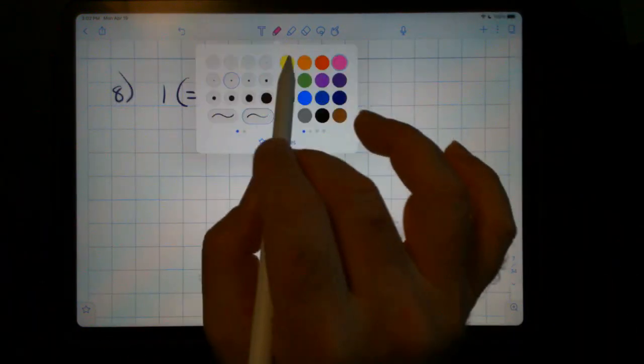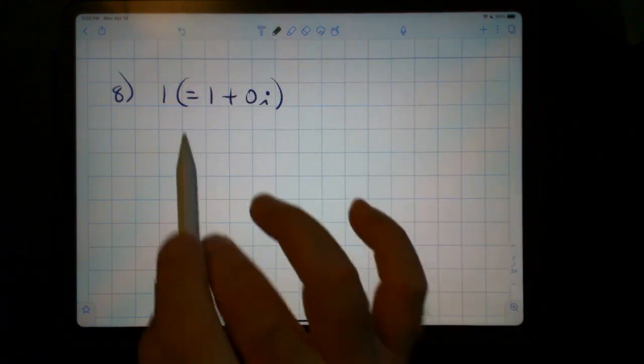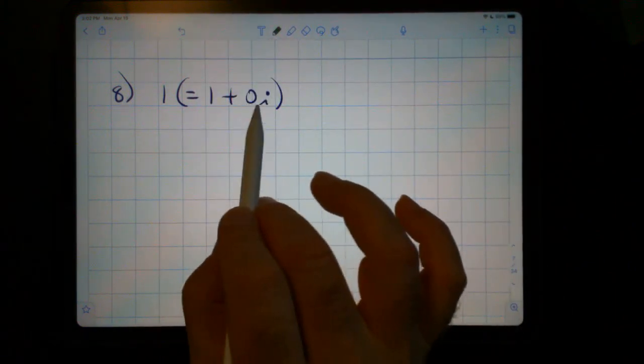So to plot 1 on the complex plane, 1 is the same thing as 1 plus 0i.